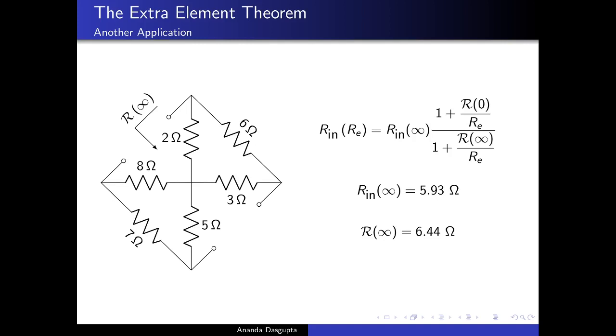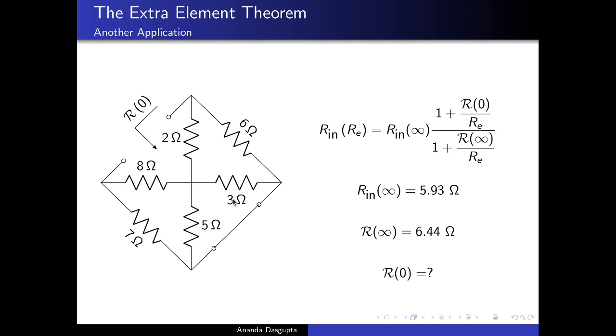What about curly R0? Well, you short this out. Now you should realize that what you end up with here is the effective impedance of a circuit made out of this 8 ohm, 7 ohm, 2 ohm, 6 ohm on these four sides, and this 5 and 3 ohms in parallel.